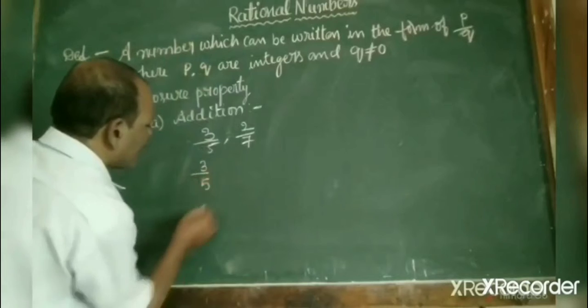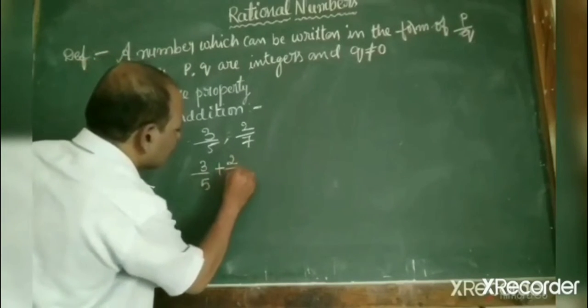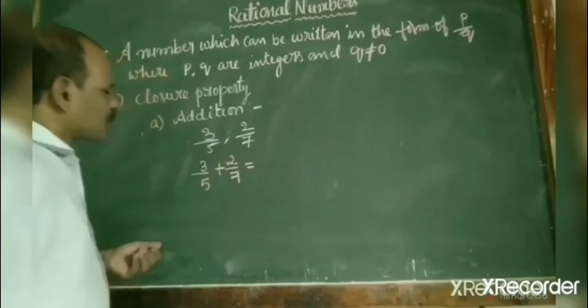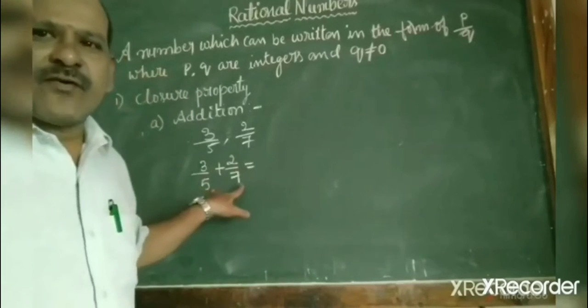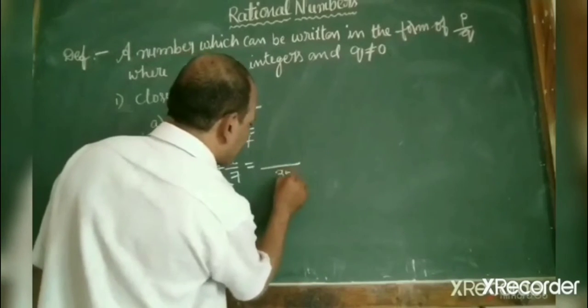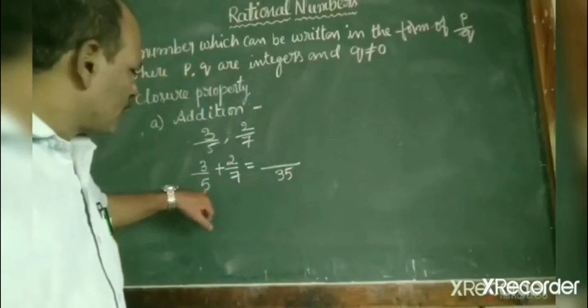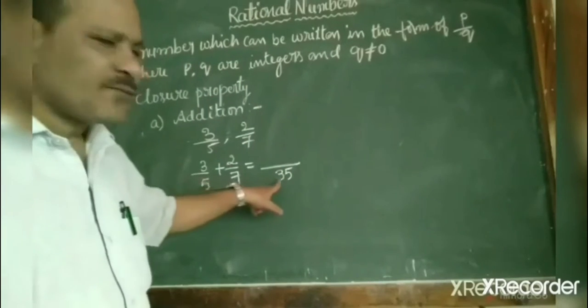3 by 5 plus 2 by 7 is equal to the LCM of 5 and 7, which is 35.